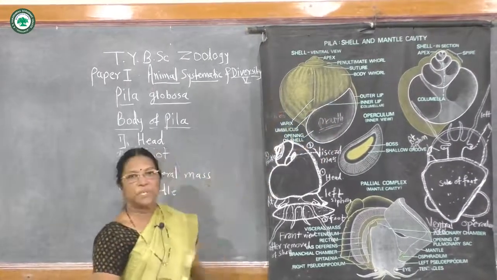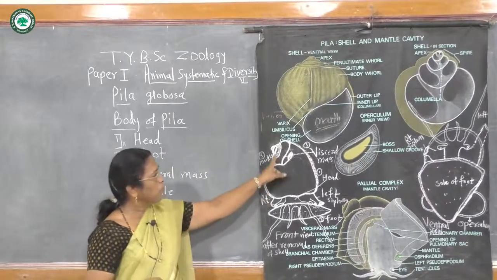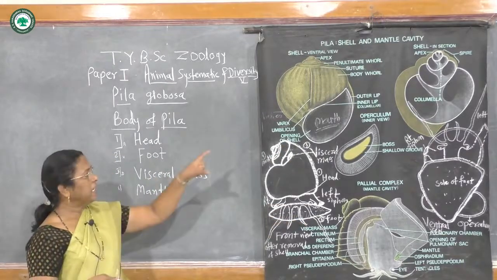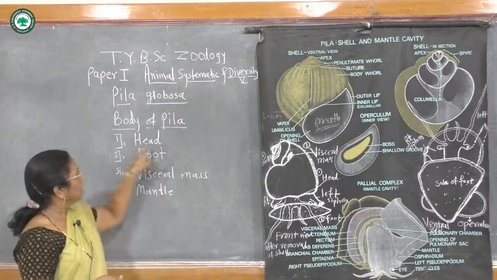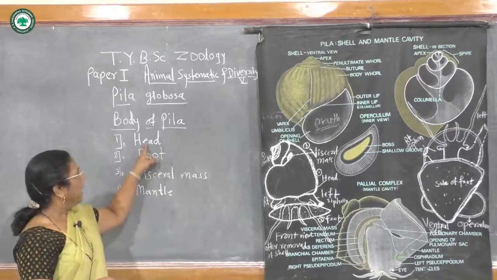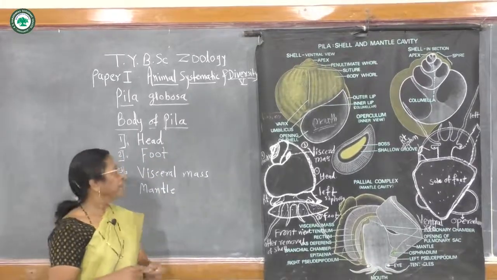After removal of shell, the soft body of the animal can be exposed, and it shows 4 main body parts. These 4 body parts are head, foot, visceral mass and mantle.